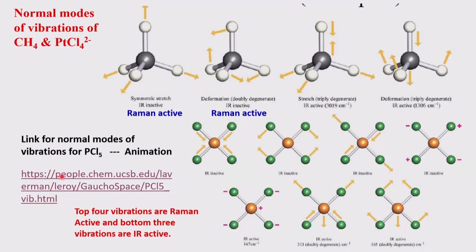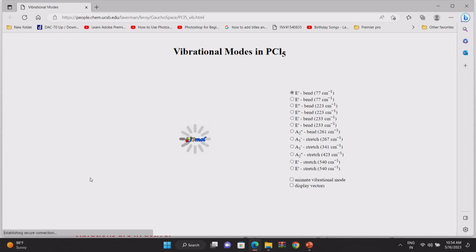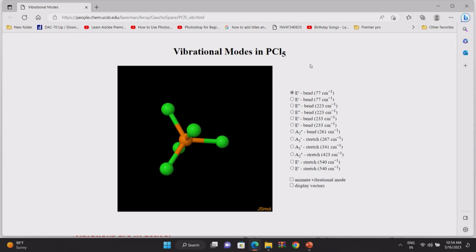I have given a link for you to PCl5. Please go through that link, and you can see how the different bands look. You click here, and the animation will tell you for this particular band this is the kind of vibration.